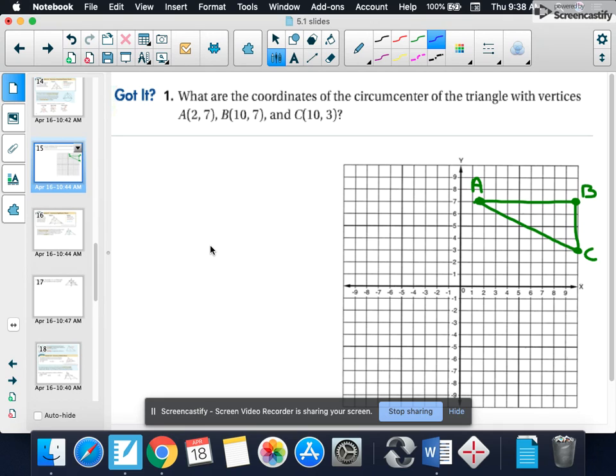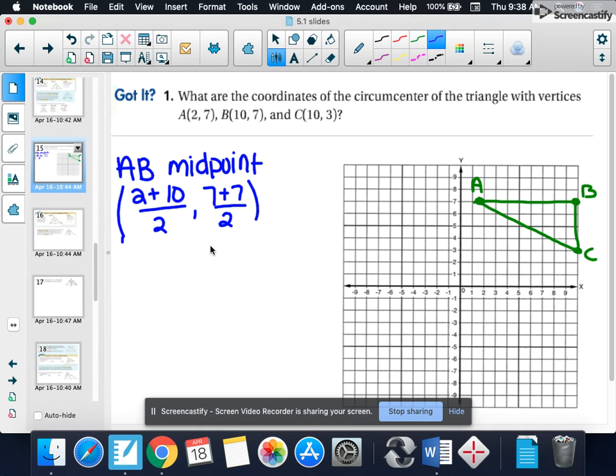So for AB, we're going to find the midpoint. We take x plus x divided by 2 and y plus y divided by 2. So we have 2 plus 10 divided by 2 and 7 plus 7 divided by 2. That's going to equal (6, 7) for the midpoint.